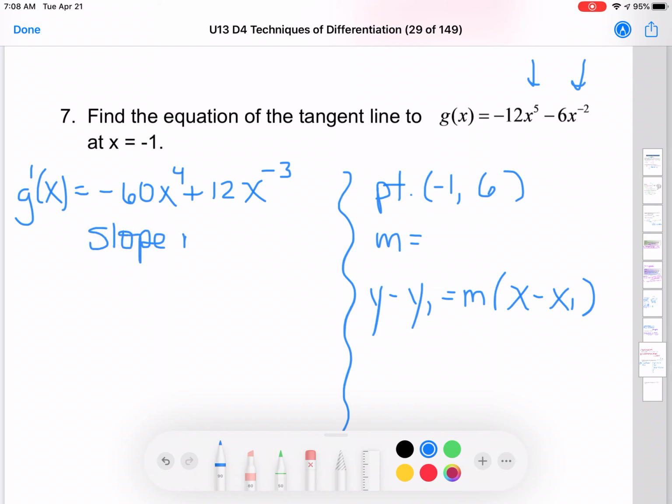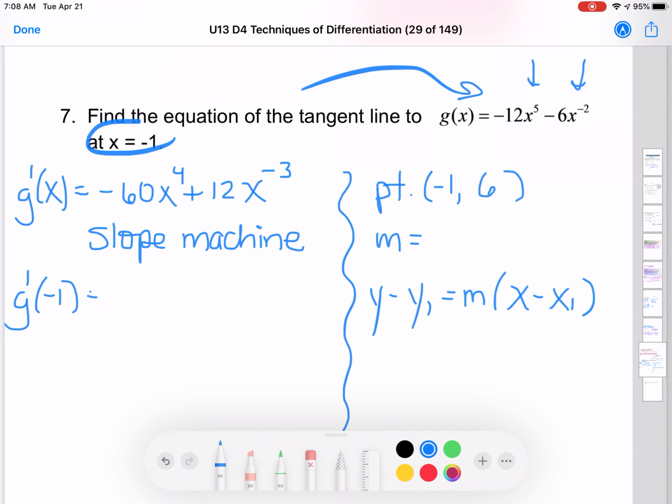So this is my slope machine. Let's not forget what we're doing. This will give me the slope of a tangent line at any given x value on this function. But I want it at -1. So now we'll plug in -1. Excuse me.